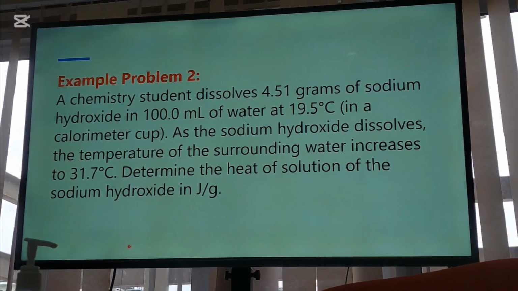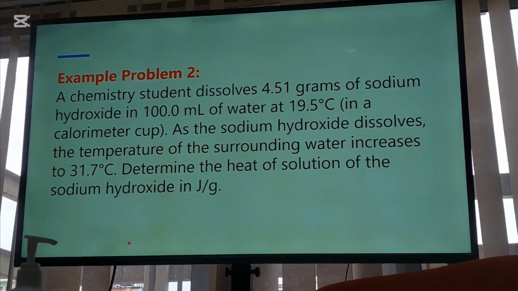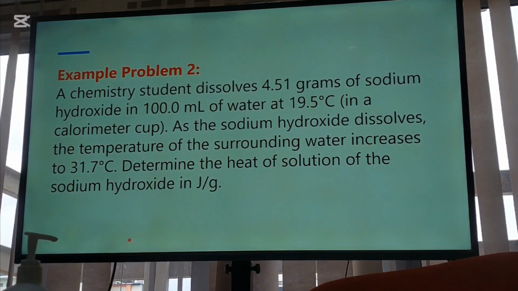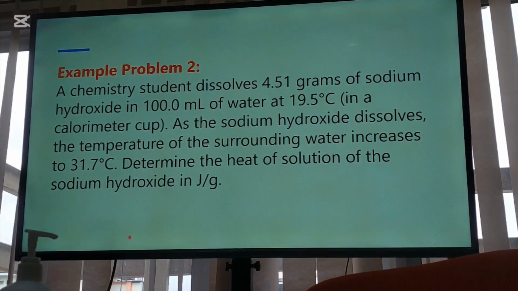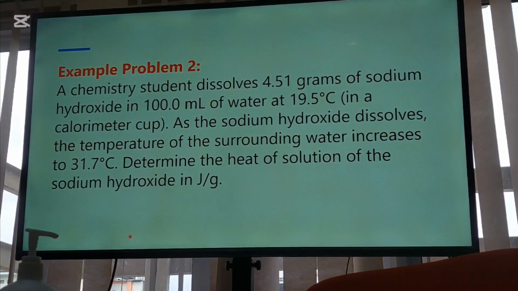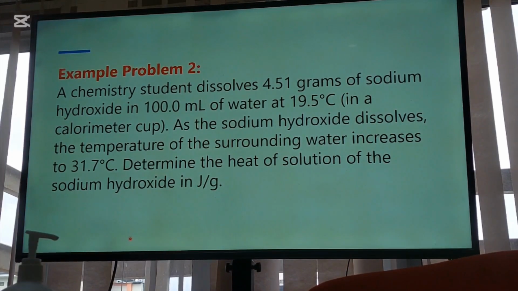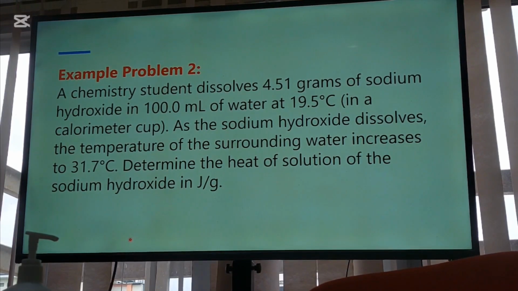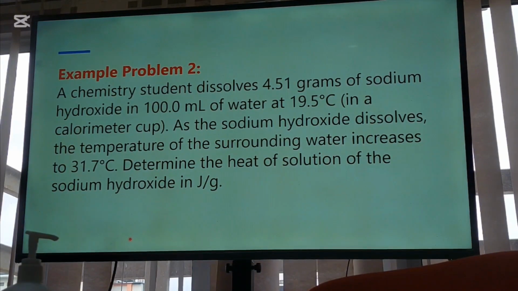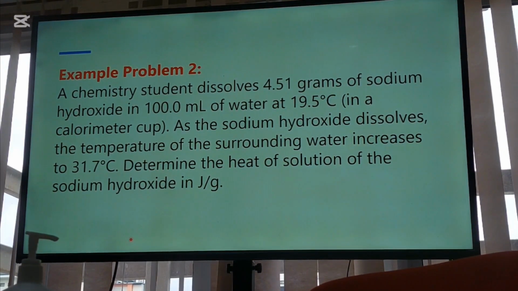Oh, so the volume of the water is equal to the mass of the water. Yeah, because this is like powder. The powder is poured into the solution of water, so the amount of the water will be the same, 100 milliliters. Okay, thank you.